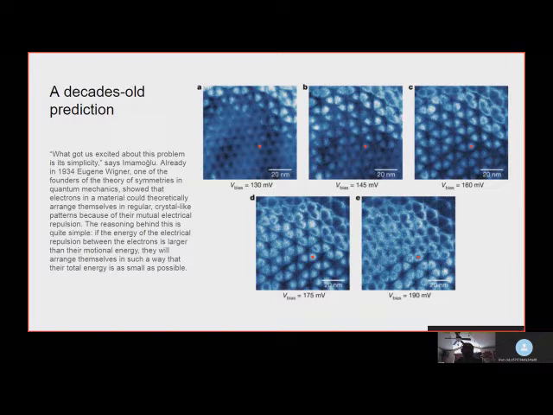The reasoning behind this is quite simple. If the energy of the electrical repulsion between the electrons is larger than their motional energy, they will arrange themselves in such a way that their total energy is as small as possible.